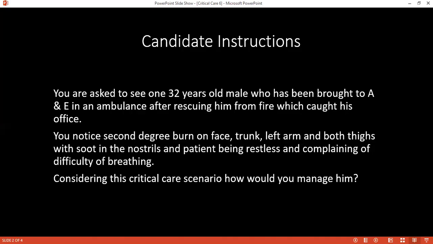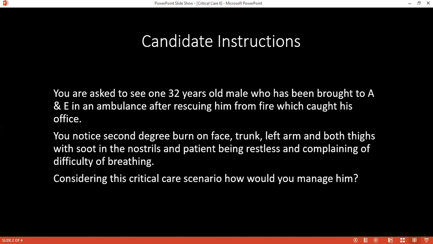Please tell me, where would you manage this patient? In the first few minutes in the ITU, and then refer the patient after stabilizing to a burn unit.